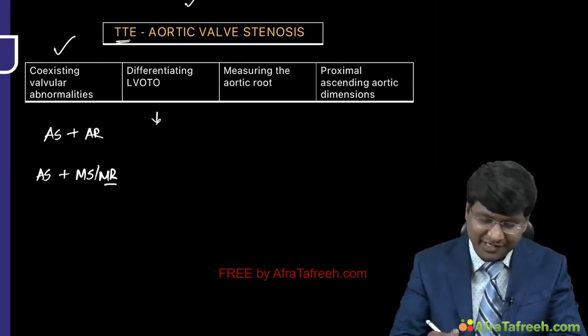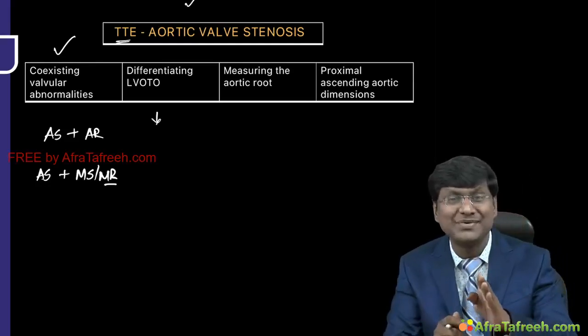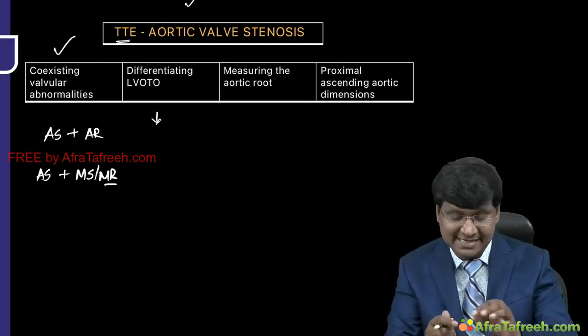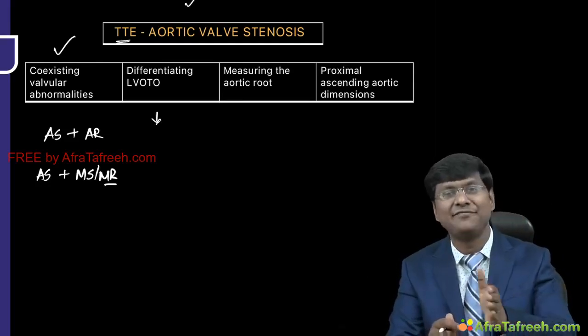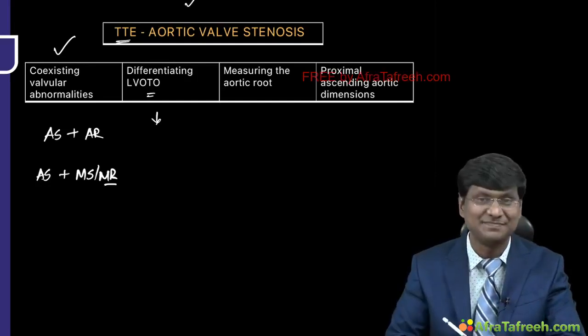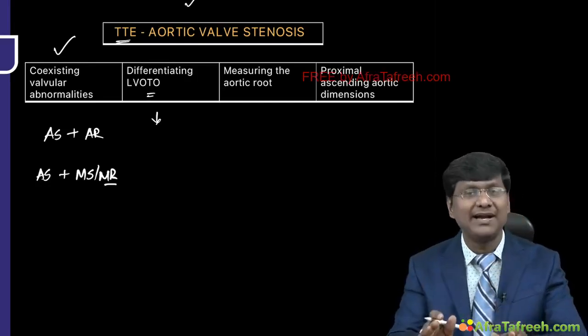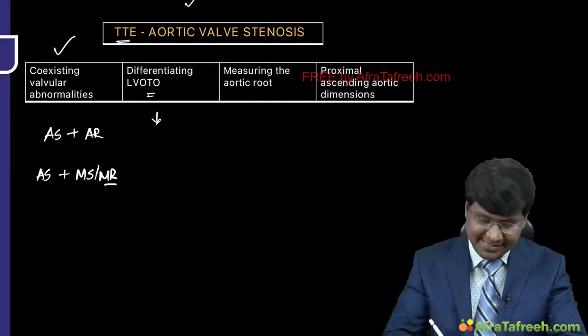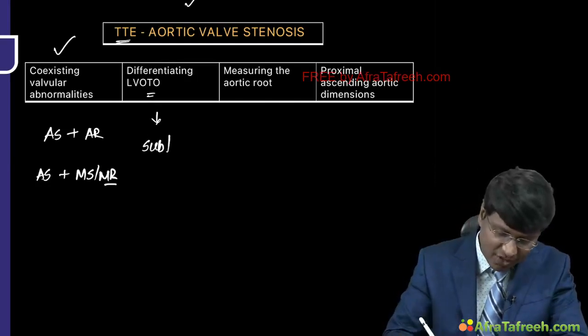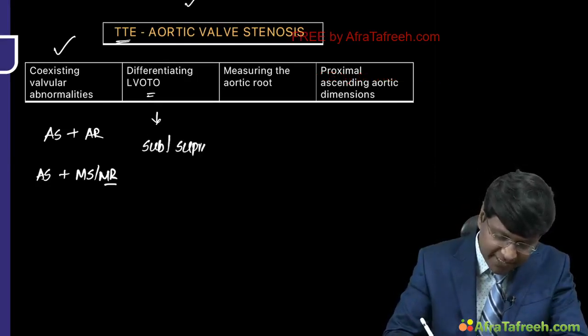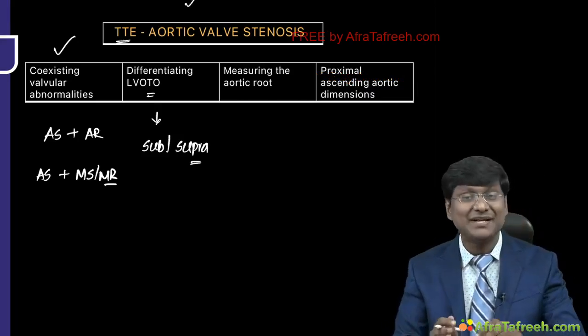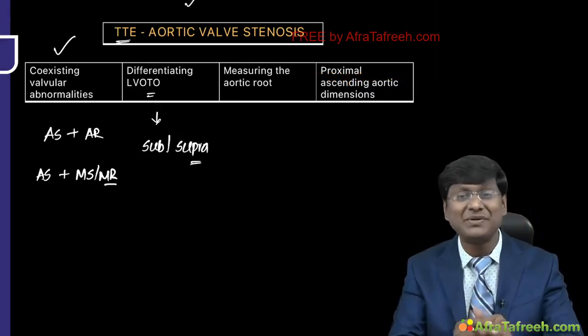And the next important thing is that transthoracic echocardiography also diagnoses the differentials for left ventricular outflow tract obstruction. Is it valvular aortic stenosis, or is it sub or supravalvular aortic stenosis? You will be able to make that out by doing a 2D echo.